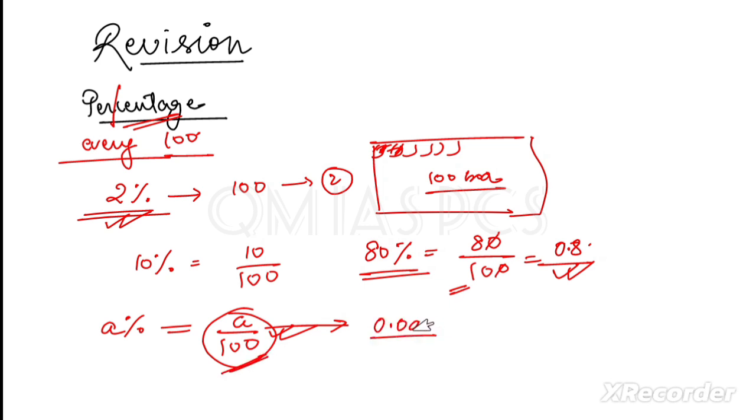If it is 9 by 100, I can write 0.09. So what have we understood? Whatever percentage is given, just divide it by 100 to convert percentage into a fraction or decimal. Easy? Okay.